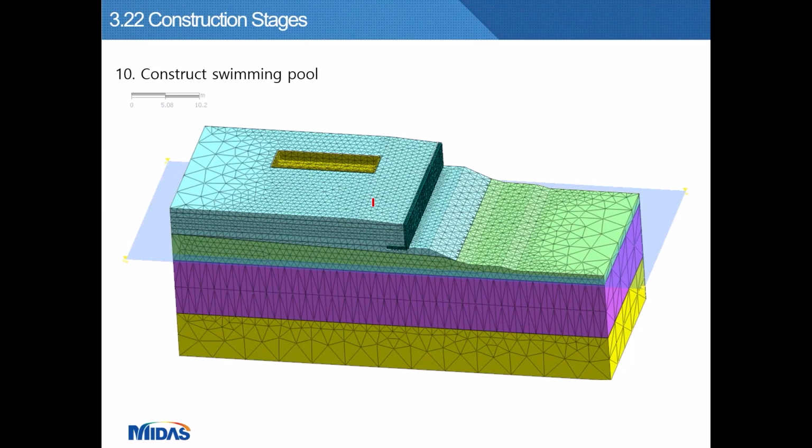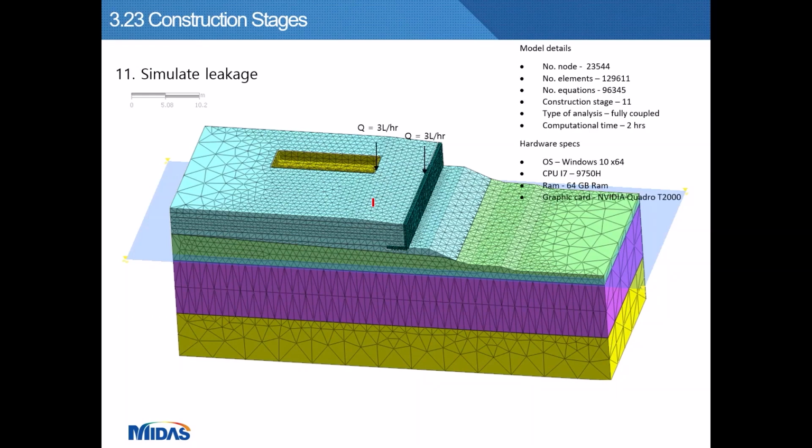And step number 10, construct the swimming pool and consolidate for 4 years. And step 11, we then model the leakage by applying a nodal flux at the edge of the swimming pool. And also there is a report of leakage of the pipe behind the RC wall, and therefore we also apply a nodal flux behind the RC wall.